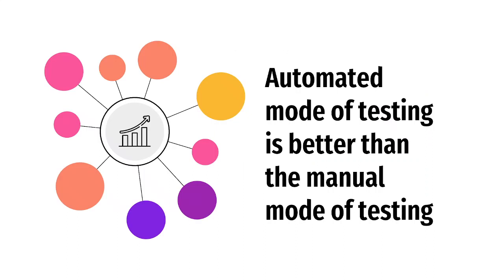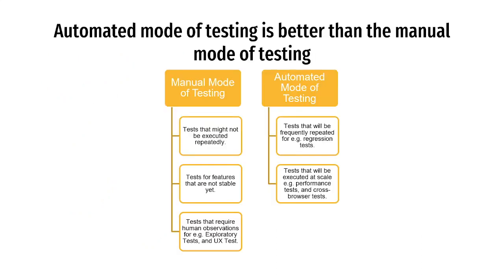The next is: automated mode of testing is better than the manual mode of testing. This is a common misconception where people think that automated testing is better than manual testing. However, the context could change or differ from time to time. So let's see where and what we do.